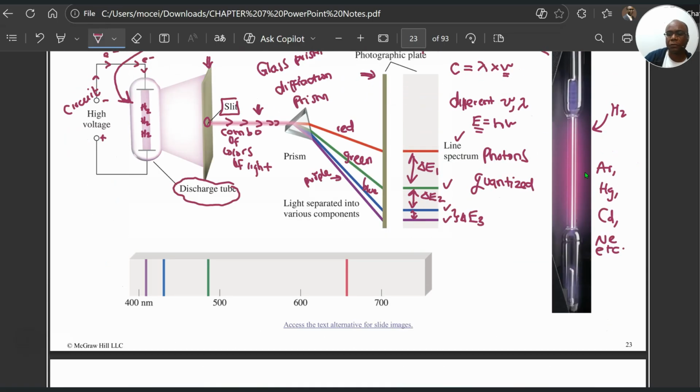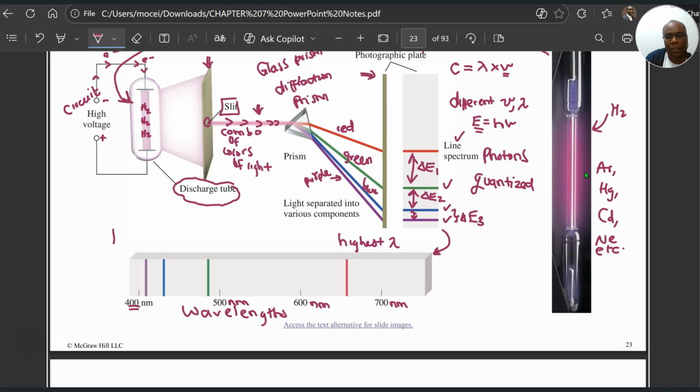Now, if we are to translate this observation to a range of wavelength, down here, this is wavelength. You'll see that you have 400 nanometer, 500 nanometer, 600 nanometer, 700 nanometer. So the red will have the highest wavelength.